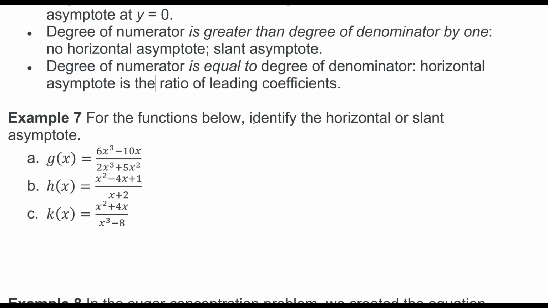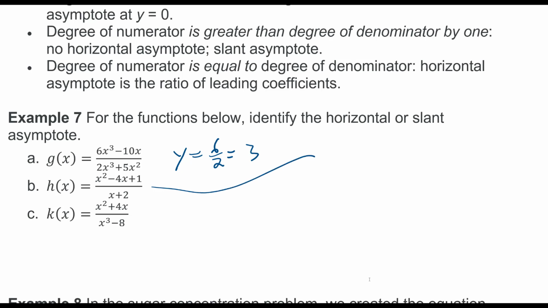So for the functions below, identify the horizontal or slant asymptote. So this first one, they're the same degree. So your asymptote is just y equals 6 over 2, which is 3. In the second case, it is 1 degree more on top than bottom. So I'm going to do division here.